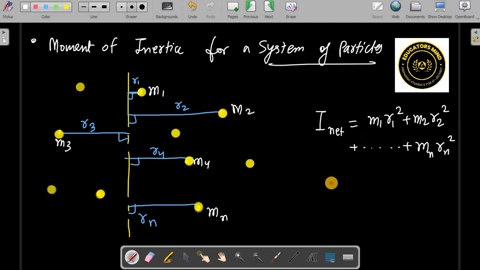Basically it is the summation of mi ri square, where i goes from 1 to n. That's quite easy, like adding scalar quantities. Tensor quantities may be added like scalars, but if you choose different axes, it will have different calculations, because r, the perpendicular distance, will change, right?